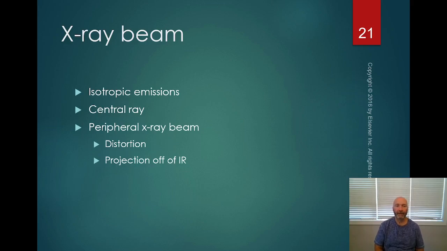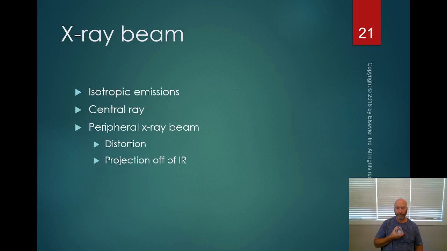So remember, the x-ray beam comes out of the x-ray tube in isotropic emissions. The central ray should be perpendicular to the anatomy of interest, but the peripheral x-ray beam is kind of like you've taken and you've angled your central ray. So you can tell a lot about how x-rays behave in a darkened room with a flashlight. So let's say we've got this water bottle, right?